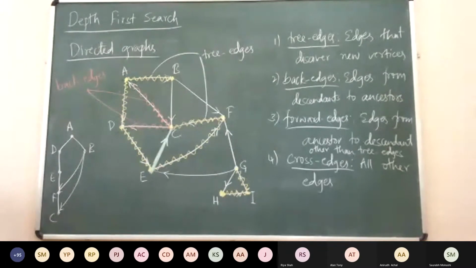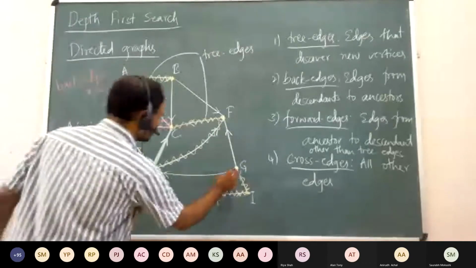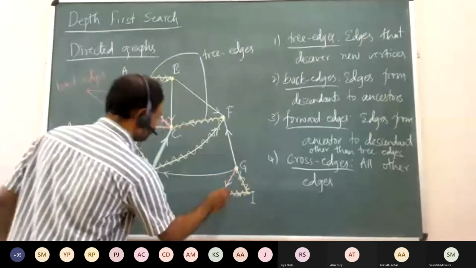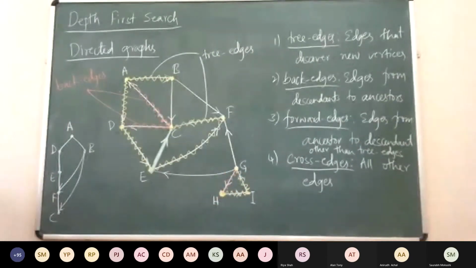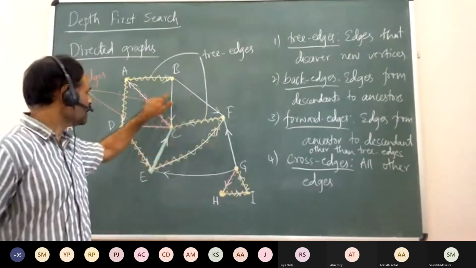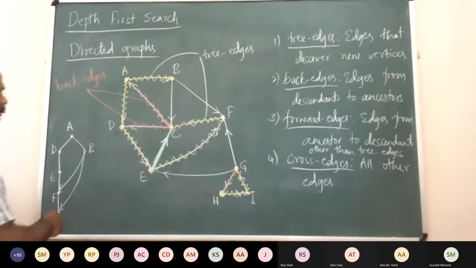So is that fine? The forward edges here, EC is a forward edge. Then GH is a back edge anyway. So back edge, I don't know if all the colors I am drawing here are visible, but yeah, this is a back edge, right? And these white edges which I have left like that, these are cross edges, right?